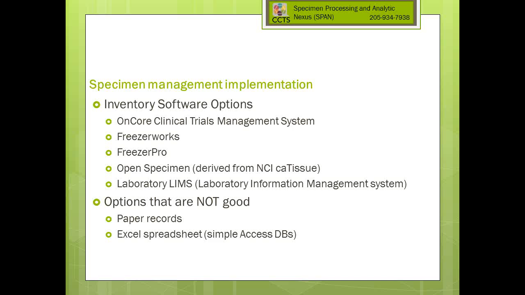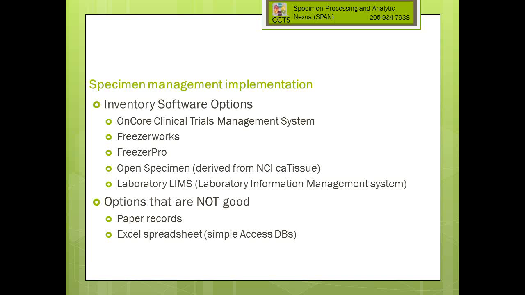FreezerPro is another commercial program. OpenSpecimen is one that people are talking a lot about now. Many of you may remember the caBIG project that NCI had a number of years ago that kind of fell flat. But one of the modules that they developed was something called caTissue, and that essentially was an inventory management program for biospecimens oriented towards tissue, but it works for other samples too.